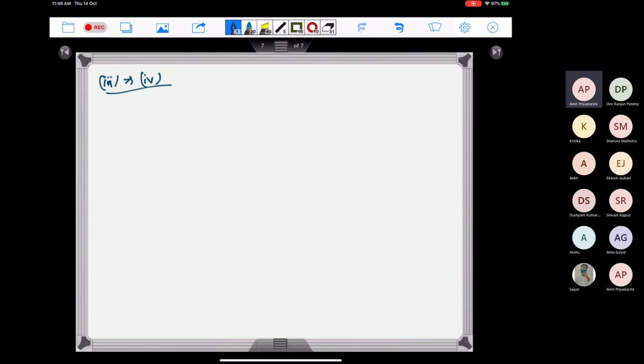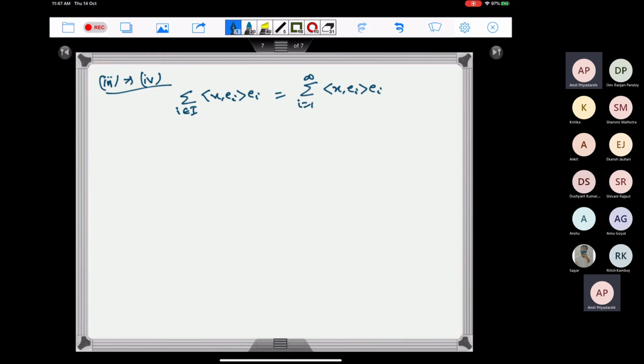To do this, we know that this summation x dot e_i e_i, i in I, is nothing but summation of i equal to 1 to infinity x dot e_i e_i, by choosing this set E equal to e_1, e_2, and so on.